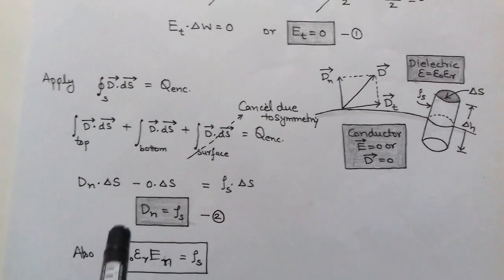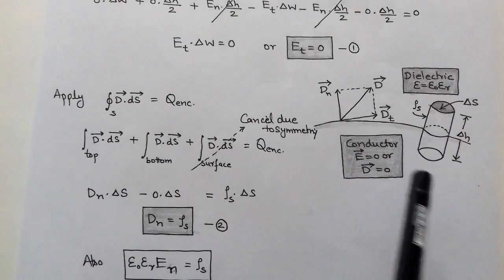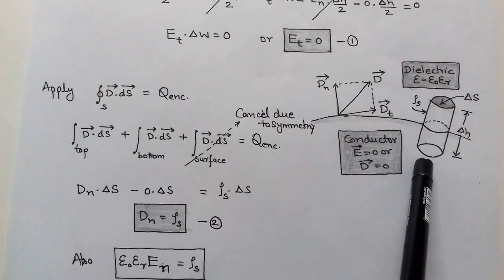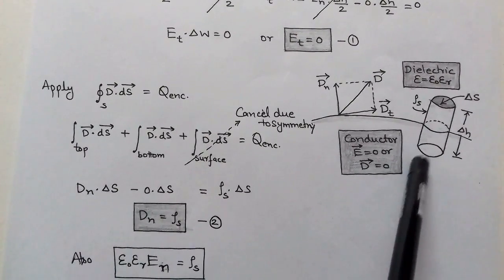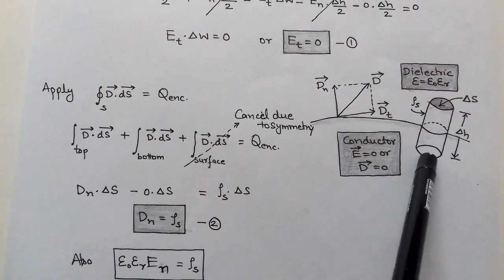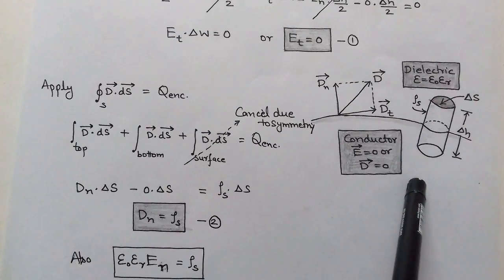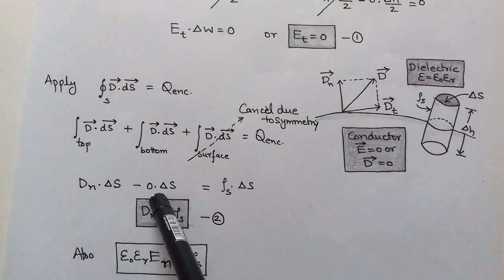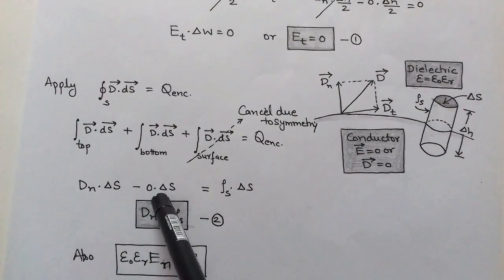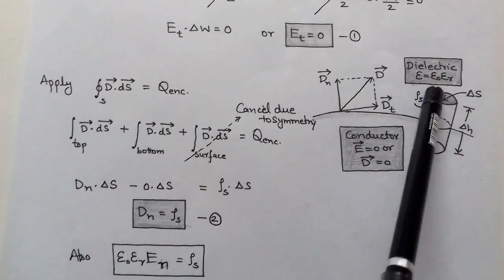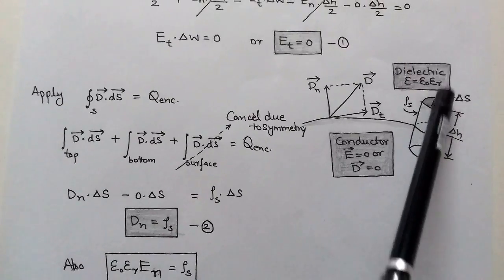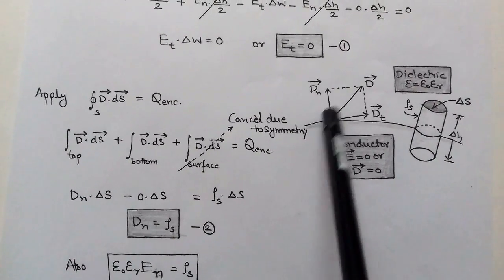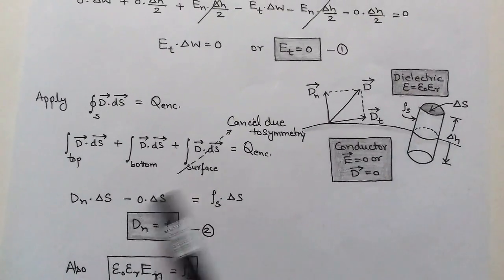Here we know that in region 1, the bottom surface has a normal component, but here D is 0, so 0 into ds with a minus sign, and at the top its direction is towards the normal direction of Dn.